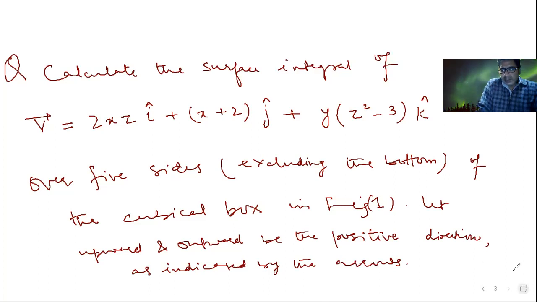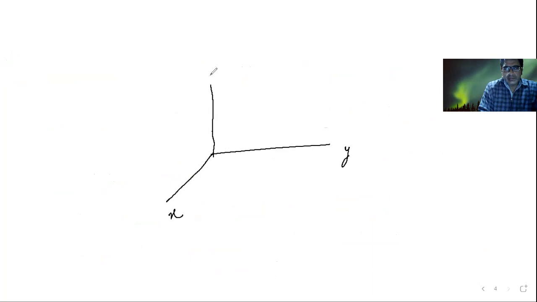The figure is like this. I will choose a different color for the figure. This is x. This is y. This is z.